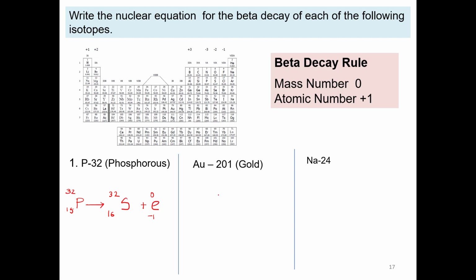Let's see for gold. Let's write the nuclear symbol for gold, and to know the atomic number we will use the periodic table, which is 79.